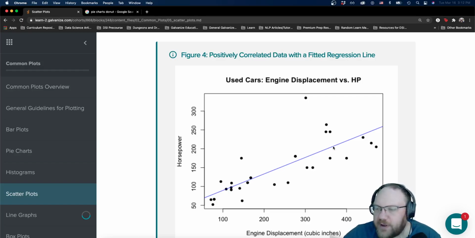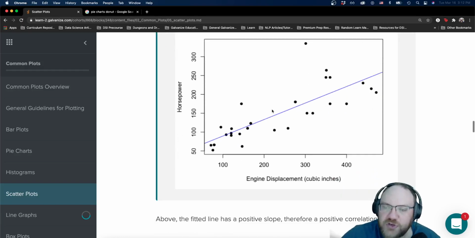It looks like maybe 360 cubic inches or so. If I want more horsepower, I'm likely to need a larger engine. If I want less horsepower, I'm likely to need a smaller engine. These two variables, or fields, or attributes of each of these data points are positively correlated. When one increases, the other moves in the same direction.